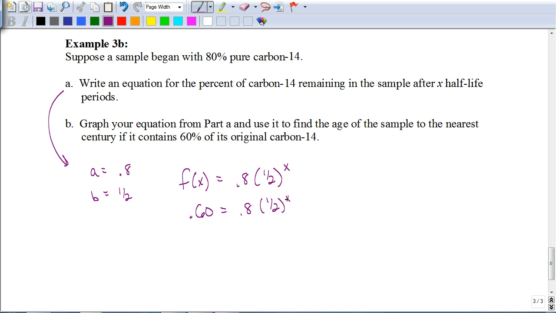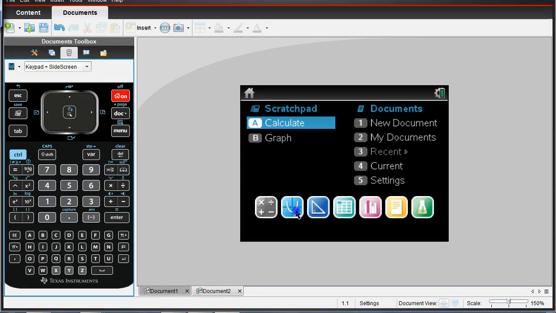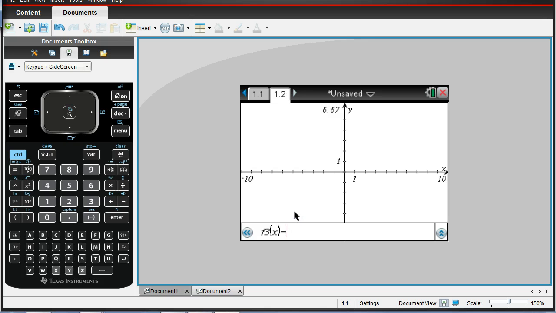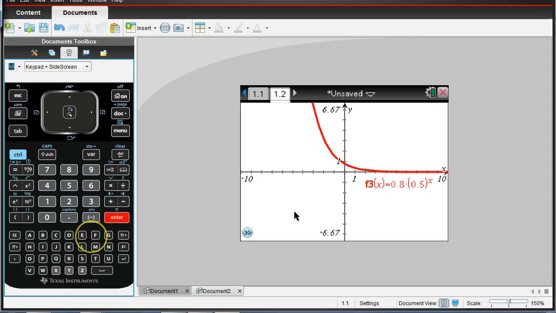So this is the equation that I'd want to solve. To solve that on our calculator by graphing, I'm going to graph y equals 0.8 times 1/2 to the x power, and y equals 0.6. And where they intersect, that's our solution. So when I type that in, it's going to be 0.8 times 0.5 to the x power.